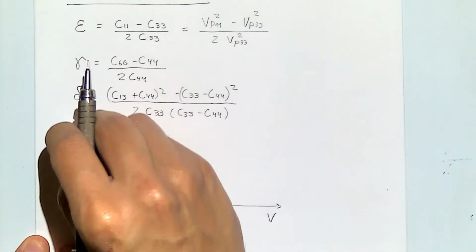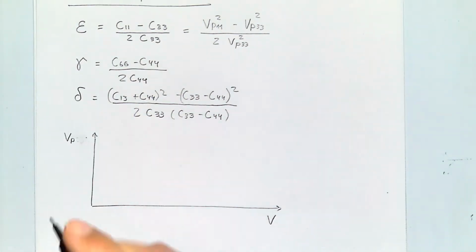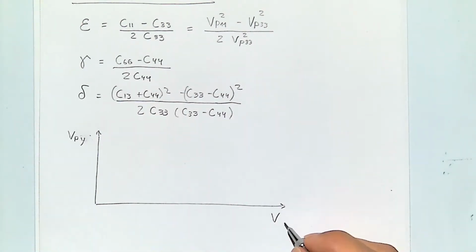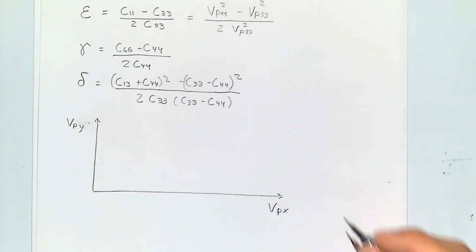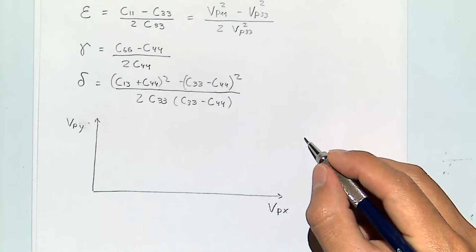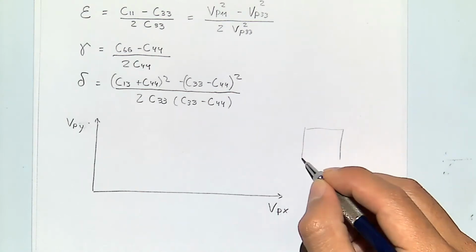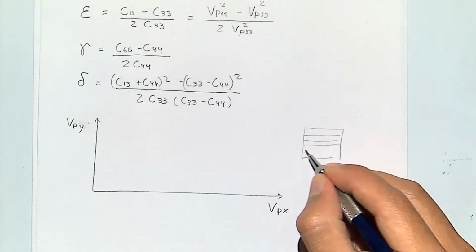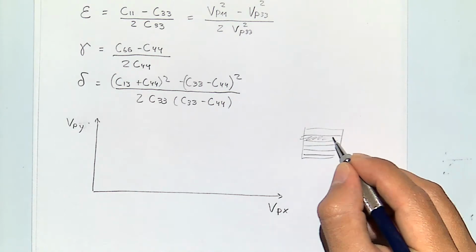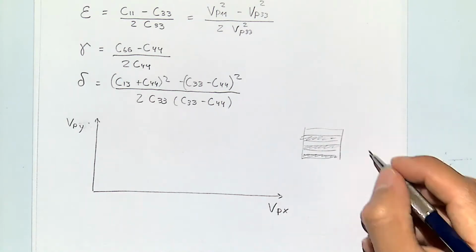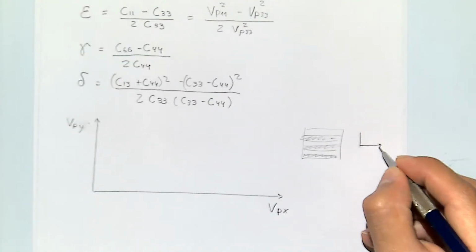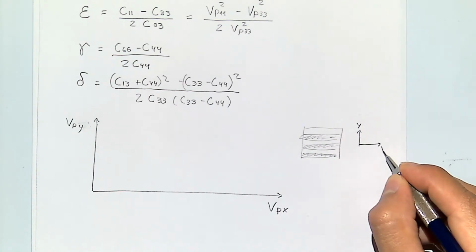Well, no, actually, it's going to create some confusion. So let me just call it x and y, where I have a medium which is layered, and I'm adding here a coordinate system xy.